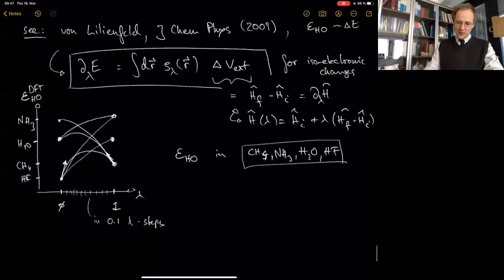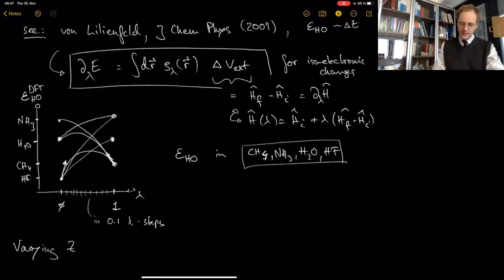So varying Z, which implies that we are talking now nuclear charge, so you go right or left in the periodic table, you don't directly jump one element or jump one period. So varying Z was discussed much earlier.